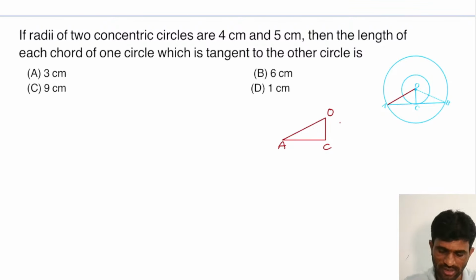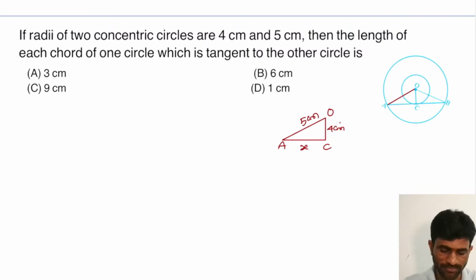OC is the radius of one circle, that is 4 centimeters, and it is also given the radius of the bigger circle, that is OA 5 centimeters. So we have to find first the length of AC, and then 2 times AC will be equal to AB. So very simple, we use the Pythagoras theorem.